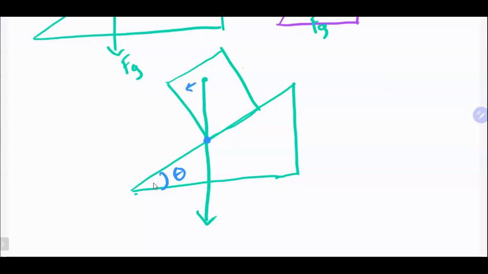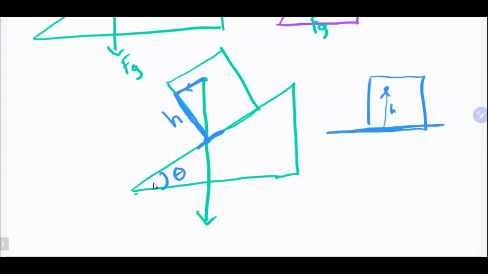In that case, I can draw a triangle, and what I see is that the height of the center of mass above the bottom of the object, which we will call h, that's the height above the bottom of the object if the object were flat, we'll call that h. So that's this distance.